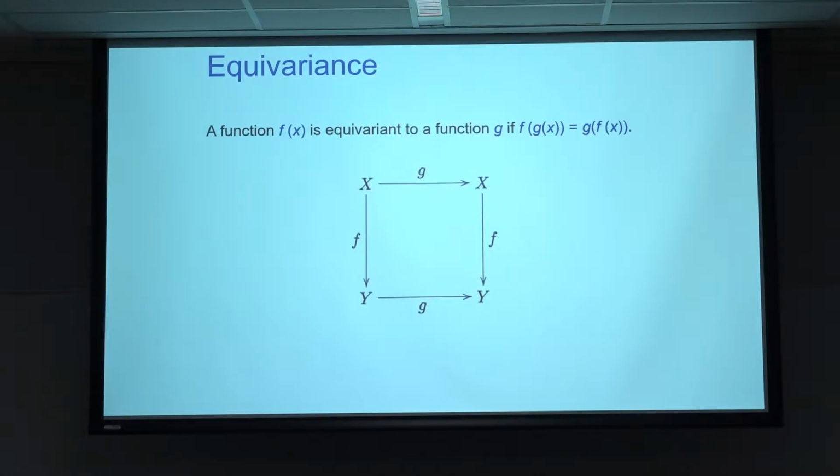Suppose that g is an identity function which takes x and produces x, and f is a function which maps x to y. So if I first apply g and then apply f, the output would be y. But it would be the same if I apply f first and then apply g, because g is identity. So in this case, f of g is g of f.